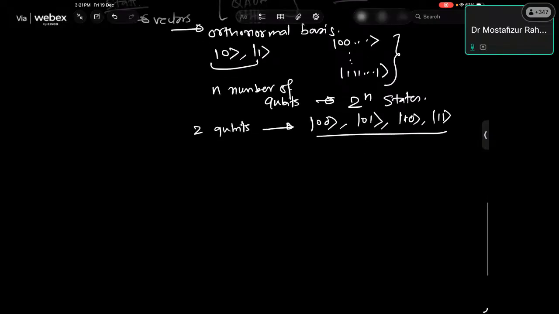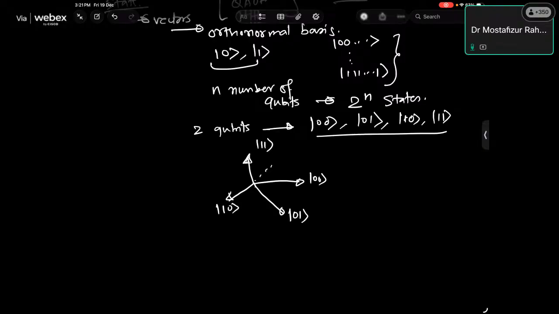And my quantum state can be a plane, or basically a hyperplane, which is a combination of all these 4 orthonormal basis vectors, right? So if I create, for example, a 4-dimensional space, this is not an exact 4-dimensional space, I'm just drawing. Suppose there are 90 degrees between all of them. Suppose this is 0 0, this is 0 1, 1 0, and 1 1, right?